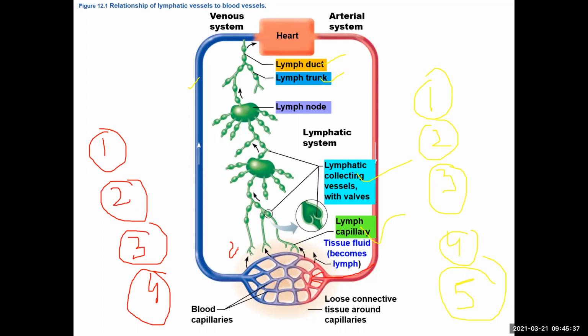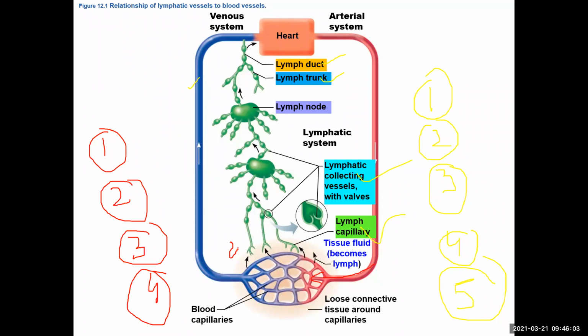Now if you have to compare your lymphatic vessels, be it a duct, trunk, or vessel, generally we say that they resemble the veins. We just saw that veins have thinner walls compared to arteries, and it is the same here: lymphatic vessels have thinner walls like the veins.